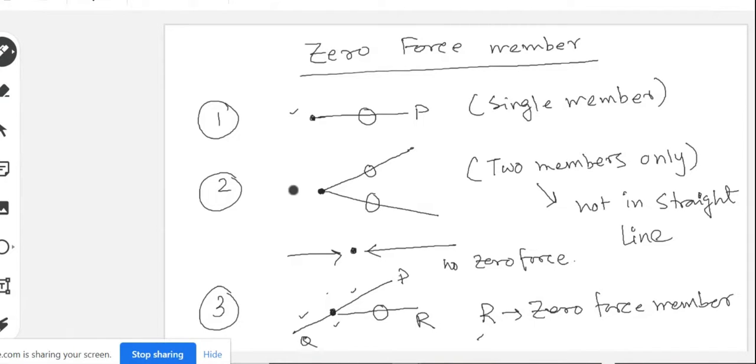This is a little bit tricky, I understand that some questions may arise. That's why I told you that this is a very rare condition when only two members are acting at a particular joint. I didn't get the second one yet, sir. Okay, the thing is that if there are two forces acting in a straight line, they will be equal and opposite like this.